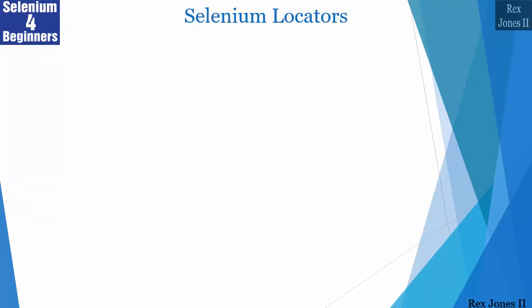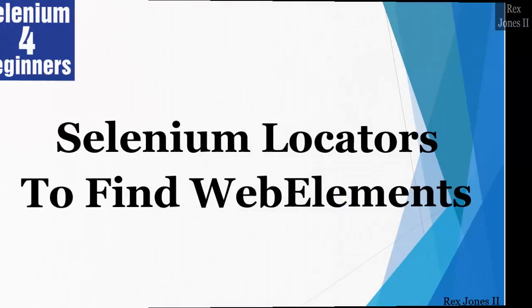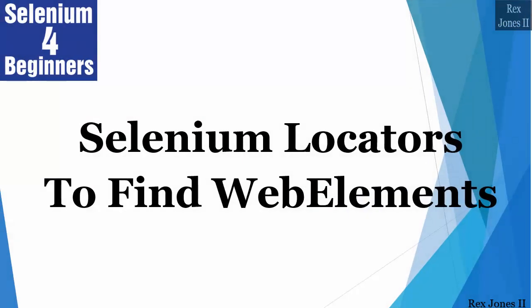In alphabetical order, the 8 Selenium Locators are class name, CSS selector, ID, link text, name, partial link text, tag name, and XPath.